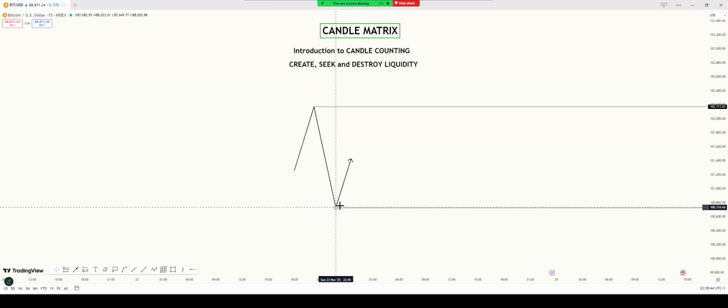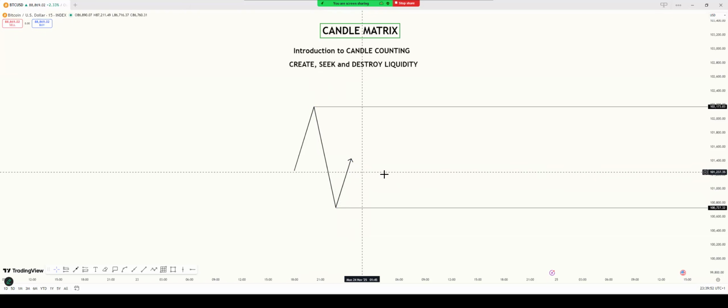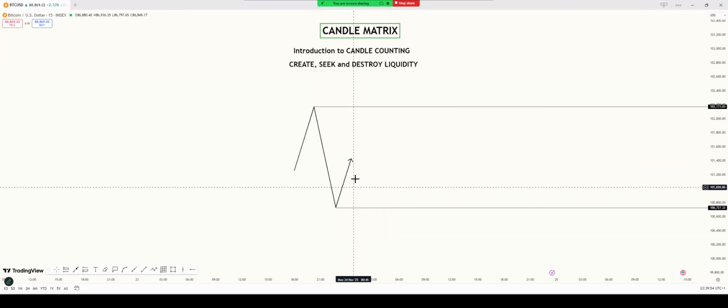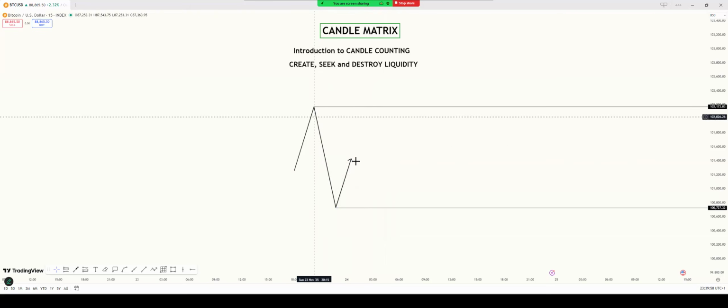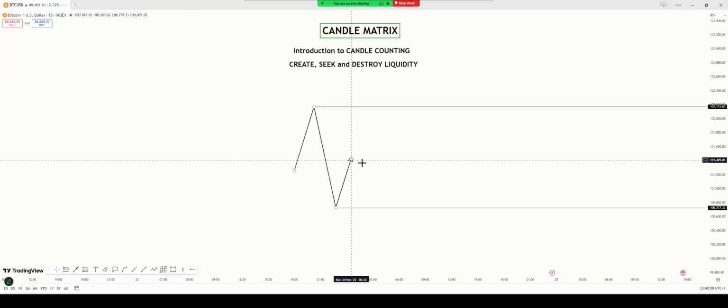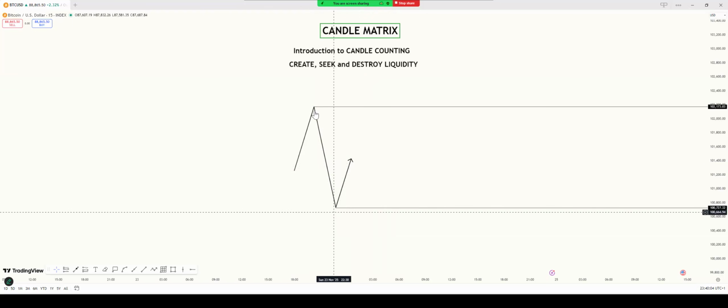So if we have 3 candlesticks, for instance, we want to see 3 or more candlesticks inside of the range. If we have just 1 candlestick here, we want to see 1 or more candlestick inside of the range that failed to take that single candlestick's low or high.